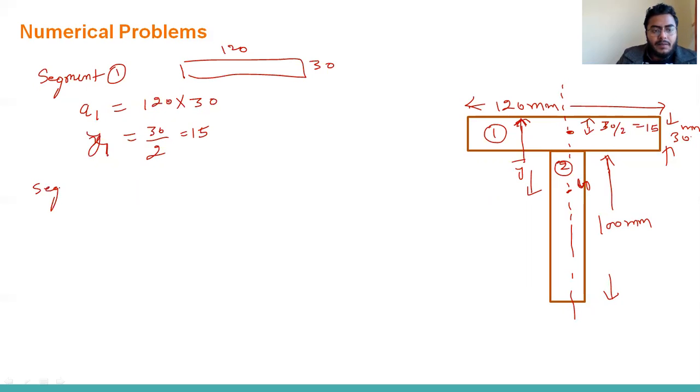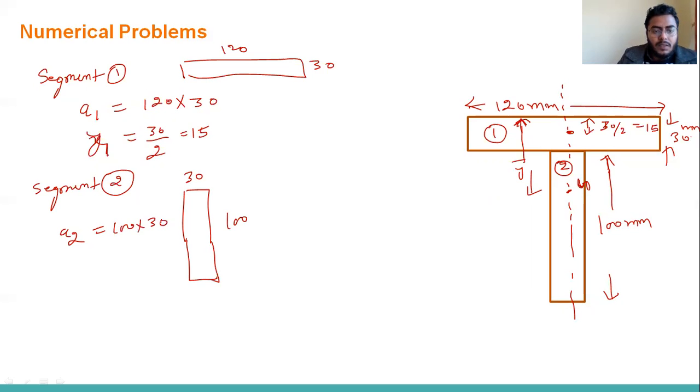Now for segment 2, what is A2? Segment 2 is this, 100 and this is 30, so A2 is 100 into 30. Now y2.